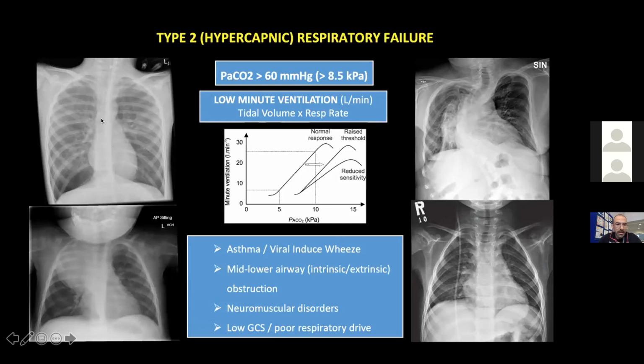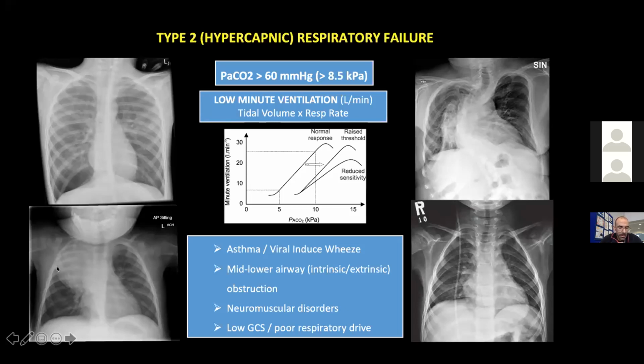So this first one is a typical X-ray of a patient with asthma, very flat diaphragms, very flat ribs, and there are at least 10 intercostal spaces. So there are significantly expanded lungs and air retention. This is because all your airways are obstructed due to secretions, or they are constricted.